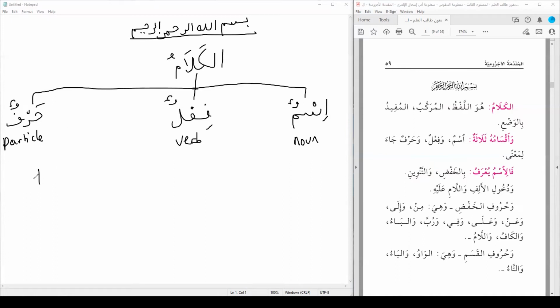The definition of the ism, the noun, the sentence they give in Arabic is ما دل على معنى في نفسه ولم يقترن بزمن.